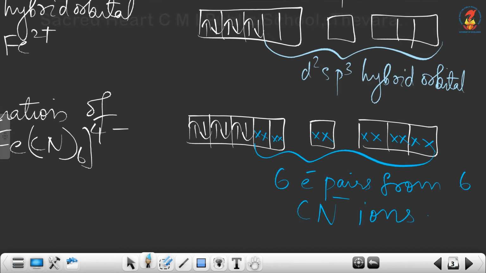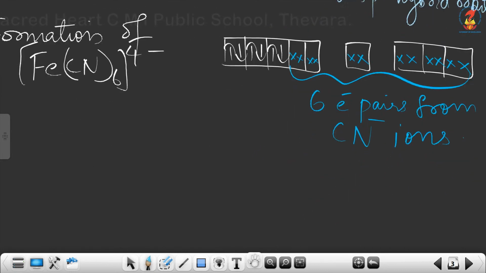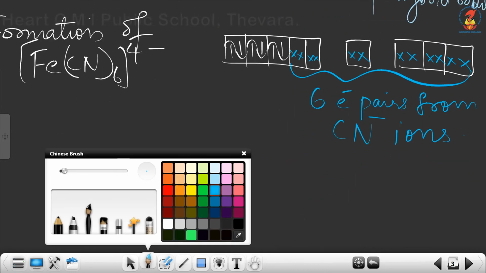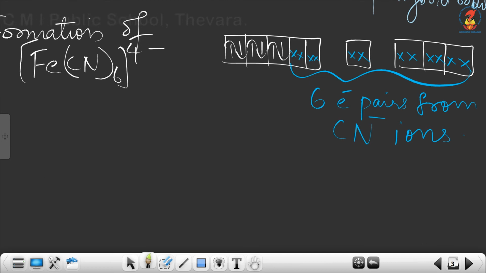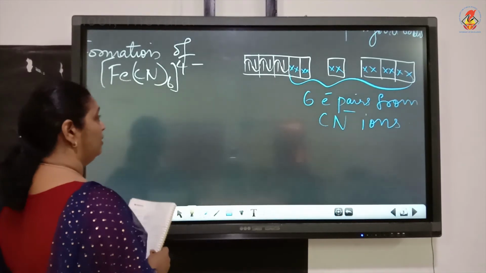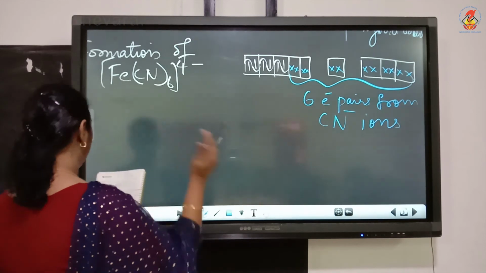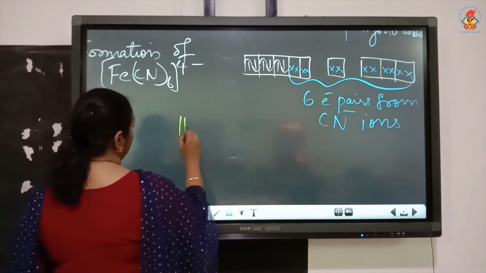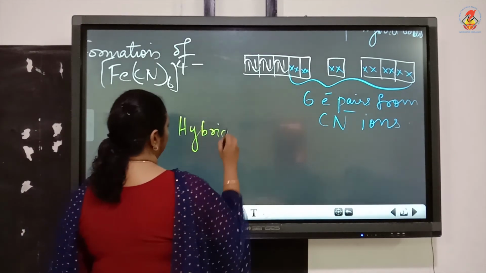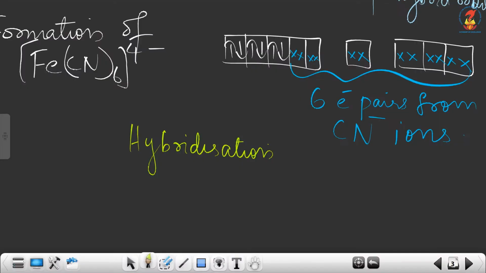Okay, now next you have to write the 4 informations. What are the 4 informations? First one is hybridization, which is d2sp3.